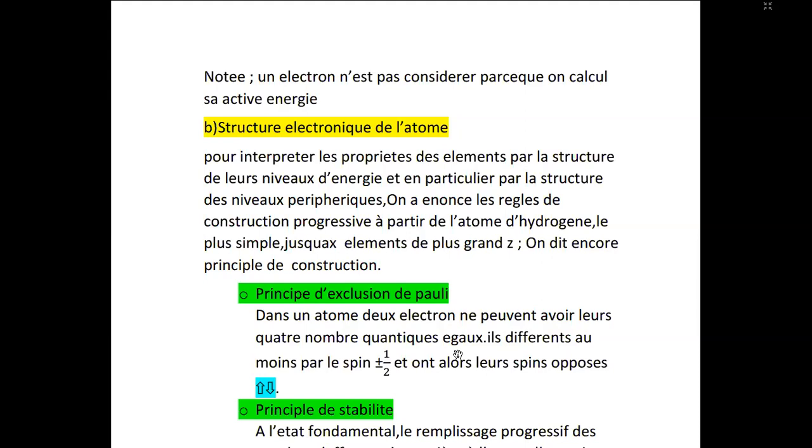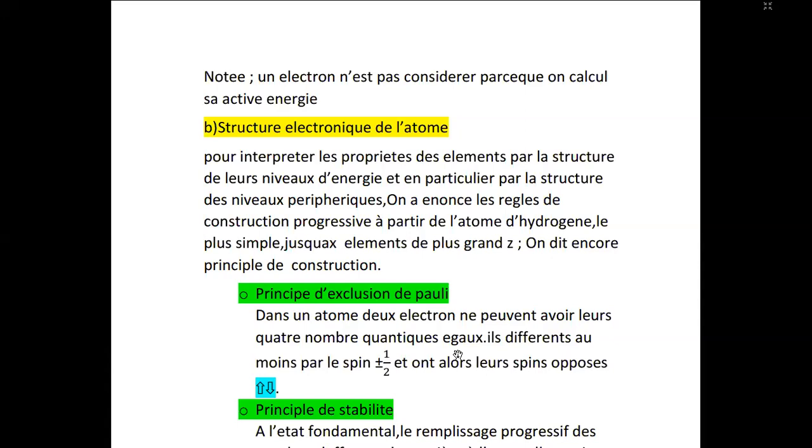So we have these 4 numbers which describe an atom. According to Pauli, among these 4 quantum numbers, 2 electrons which are in the same room cannot have all of them equal.